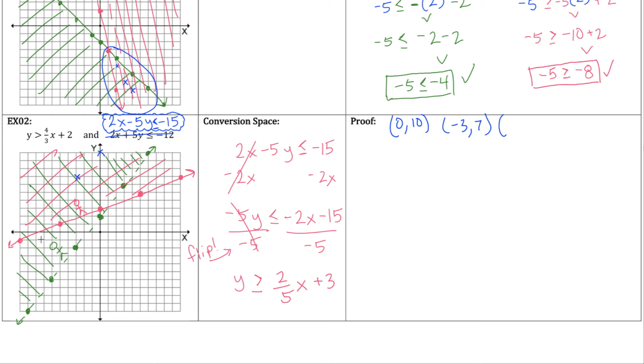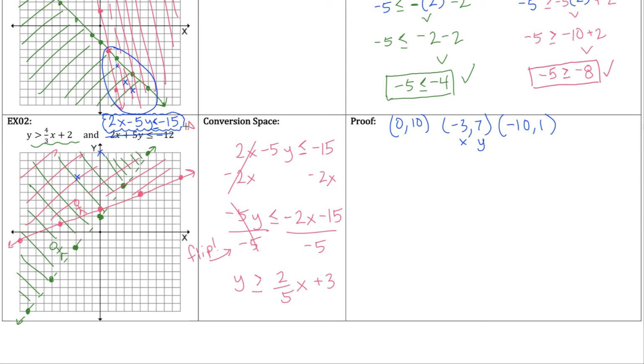Or, they crisscross right here, right? So negative 10, 0. Or negative 10, 1, we'll say. And I don't know, let's just choose this one, negative 3, 7. So green was this one, and pink will be this one.